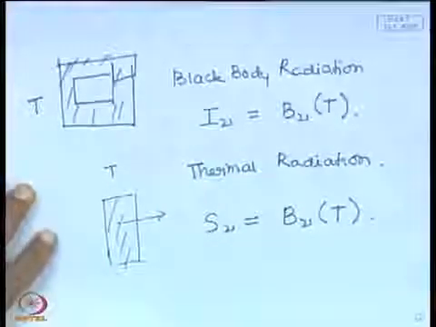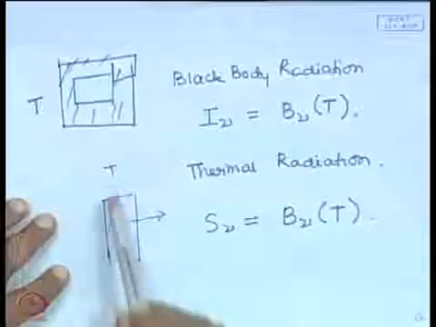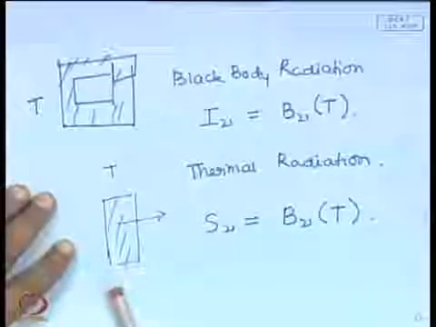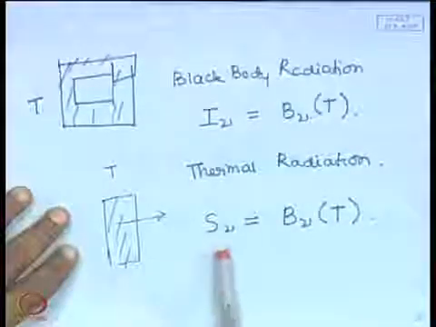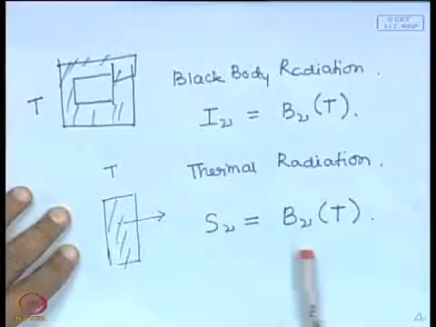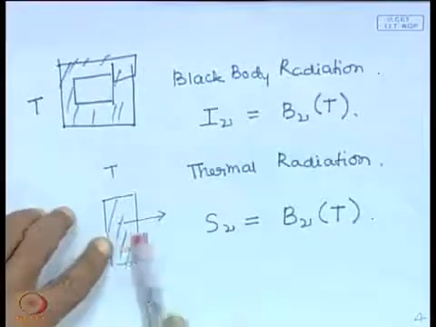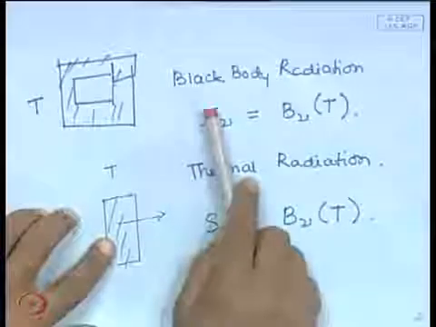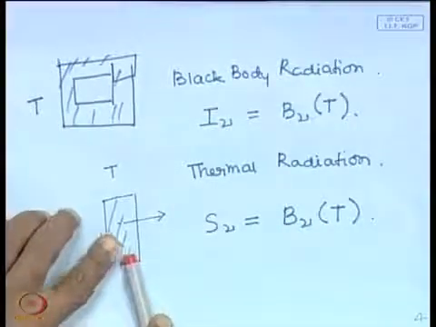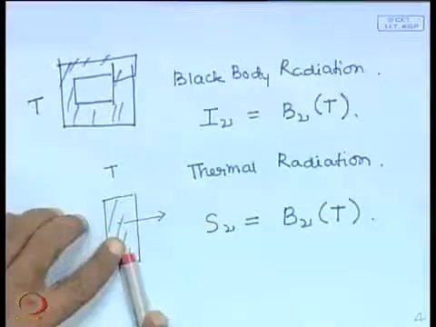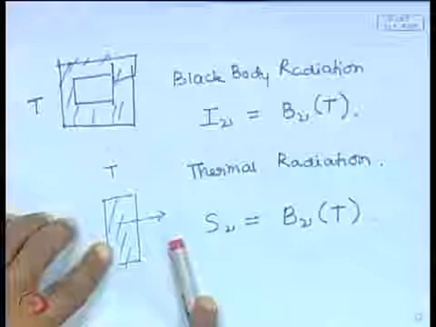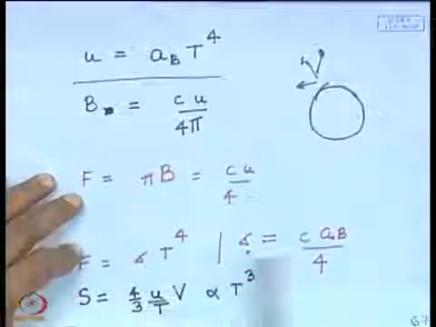We had also seen that if we have some material which is at a temperature T, the material itself in equilibrium, then the source function for this material which is in thermal equilibrium is the Planck function. So, these are two different things. The radiation that originates from such a material in thermal equilibrium is called thermal radiation.